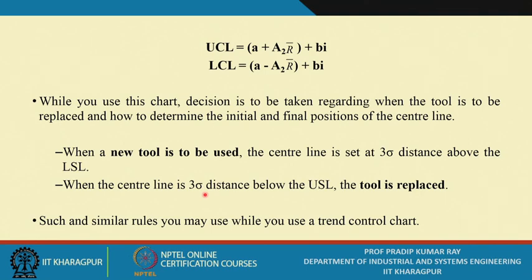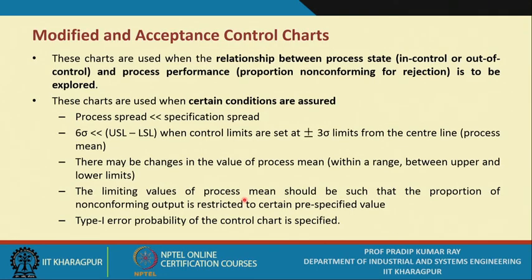So this rule we follow. Please refer to this particular control chart, and you will find that this is made very clear. Such and similar rules you may use while you use a trend control chart. So this is, in short, the specific features of a trend control chart. This is also referred to as a regression control chart.